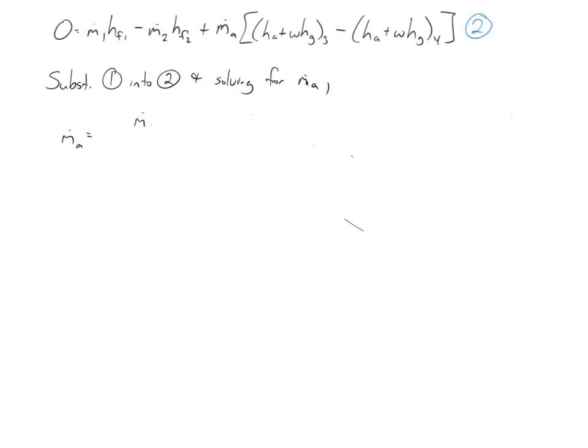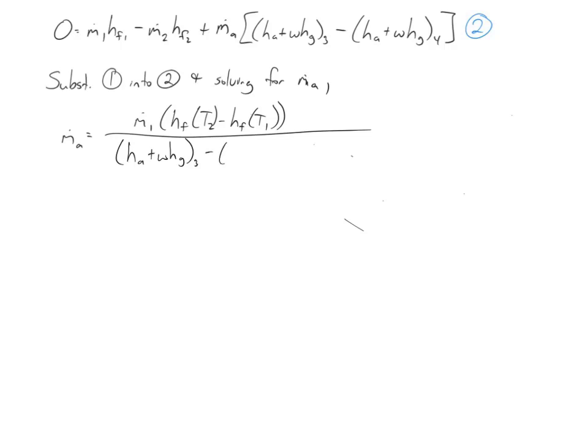What we get is the mass flow of air at state 1 times the quantity of our saturated liquid value at temperature 2 minus the saturated liquid value at temperature 1, and all of that divided by the mixture enthalpy at state 3 minus the mixture enthalpy at state 4, and we're also going to subtract off omega 3 minus omega 4 times the saturated liquid enthalpy at state 2.